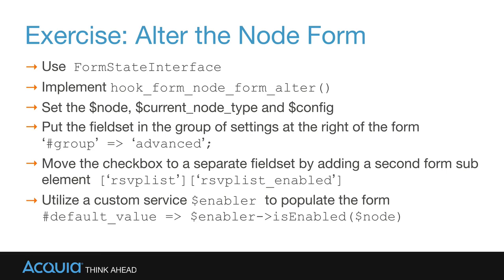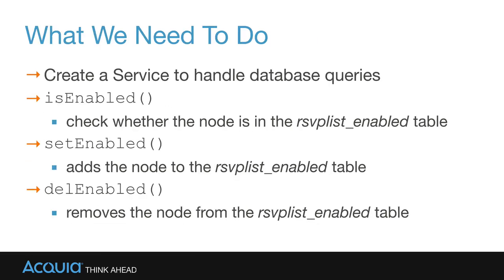Here's what we actually need to do. Create a service to handle the database queries. isEnabled checks whether the node is in the RSVP list enabled table. Use the setEnabled function to add the node to the RSVP list enabled table, or the delEnabled function, which will remove the node from the RSVP list enabled table.